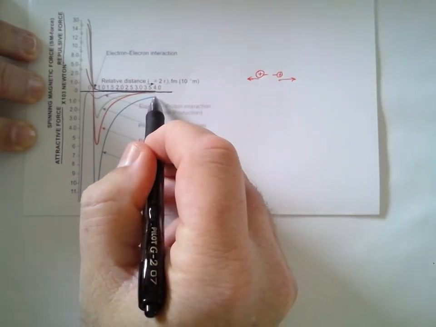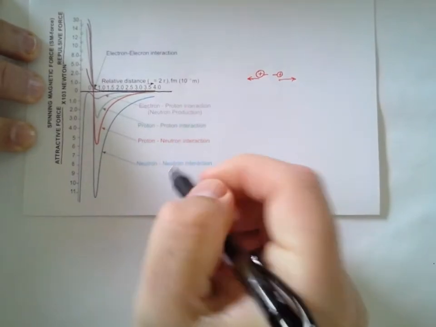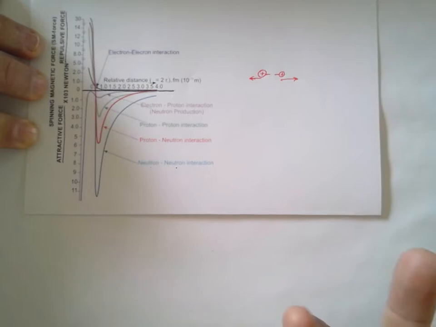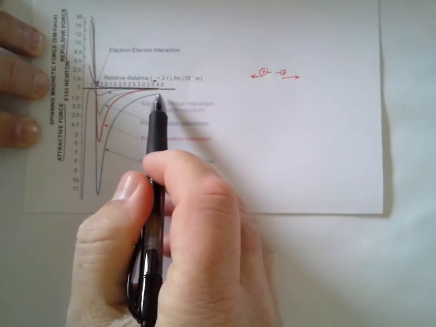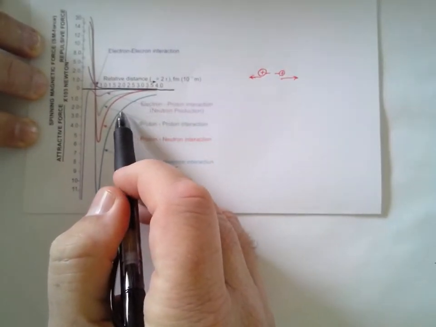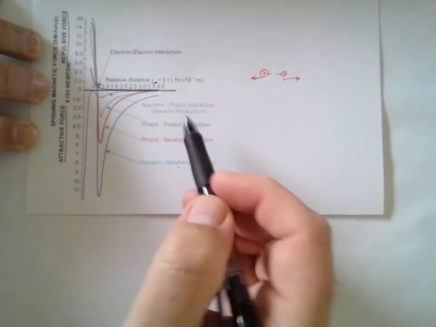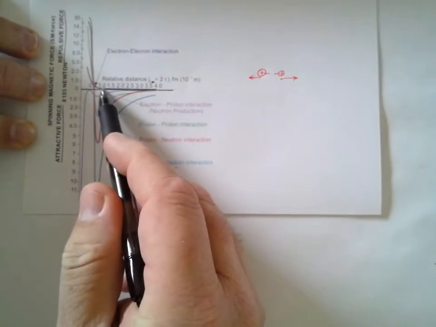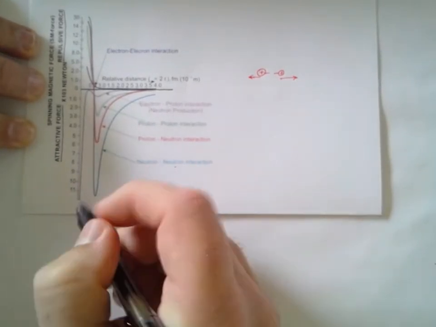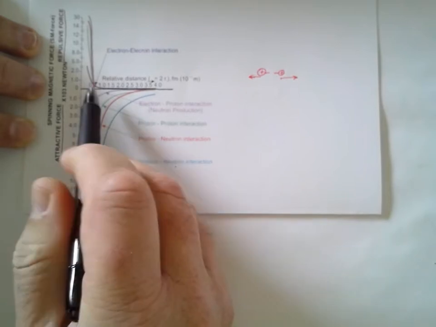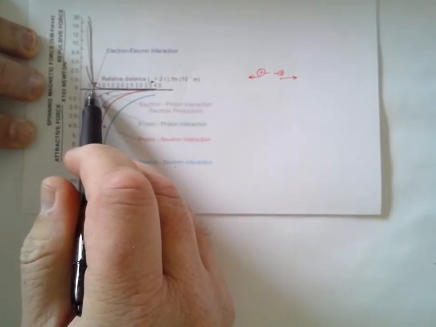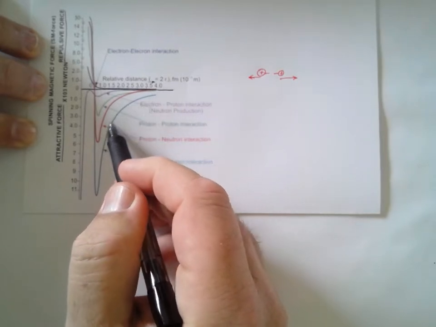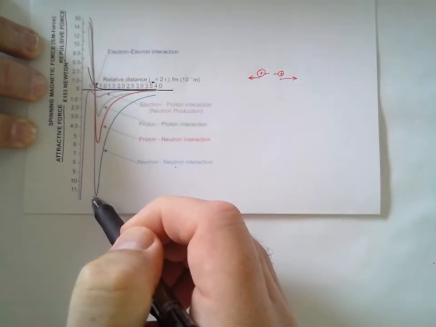This one happens to be the neutron to neutron interaction. Neutrons don't have charge, so as they get closer, they start to attract, and they attract at a huge amount when it gets less than 1 femtometer. This is about half a femtometer at this point right here. So as we get closer and closer, all of a sudden this becomes attractive instead.